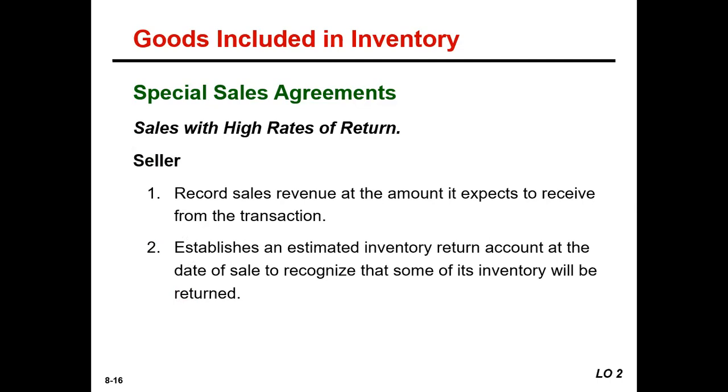You could think of it kind of like sales returns and allowances almost, or allowance for sales returns and allowances, right? An estimated inventory return account for some portion or some percentage of the inventory that will be returned. And so, yeah, contra asset account, it would reduce inventory balance.